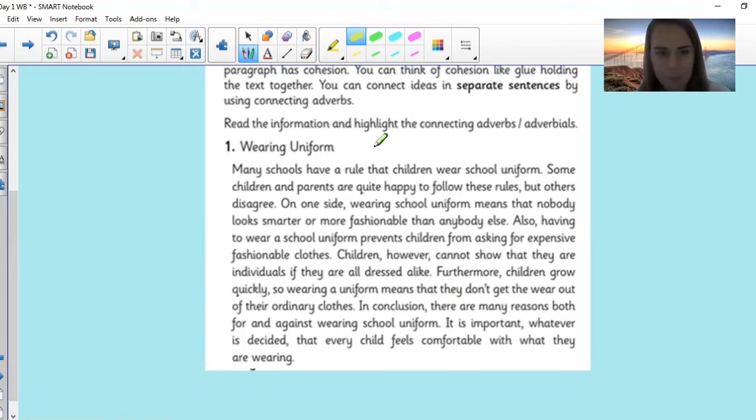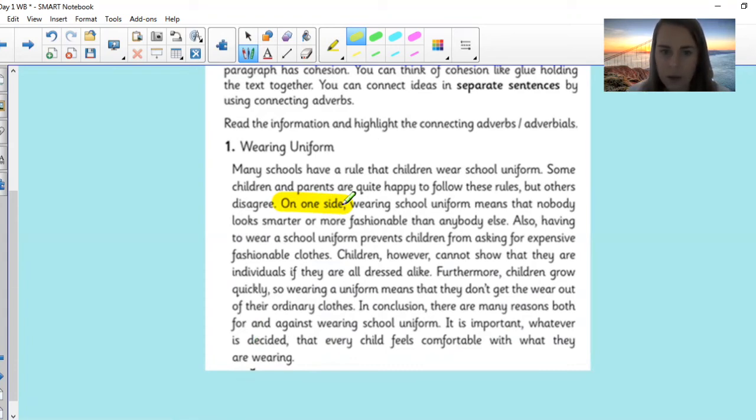Can't see any in there. Some children and parents are quite happy to follow these rules, but others disagree. Again, none in there. On one side, wearing school uniform means that nobody looks smarter or more fashionable than anybody else. Okay, so I would argue that on one side is our first thing to highlight.